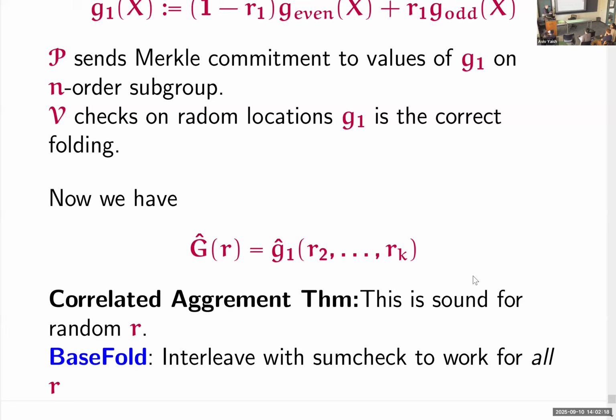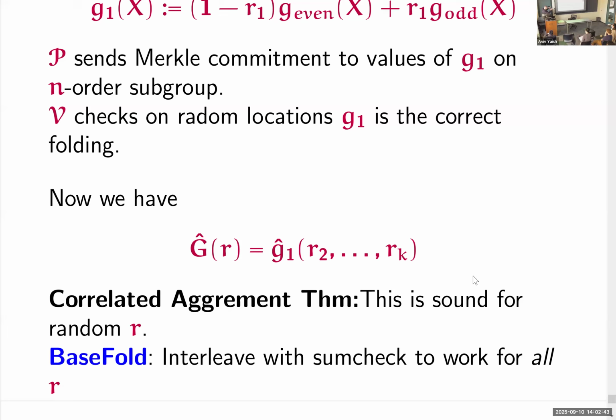Okay, but in the definition of a multilinear polynomial commitment scheme, we wanted something that is sound, that works for all evaluation points. So we need something that reduces all evaluation points to random evaluation points. And like we said, this is the sort of thing that SumCheck does.